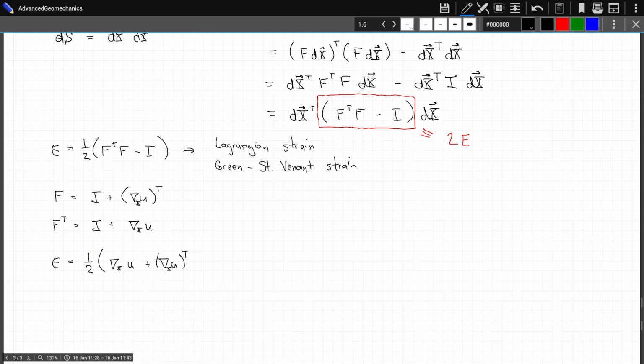Remember, big X always has the bars on the top and bottom. So I'm saying that's the gradient with respect to big X of U, right?